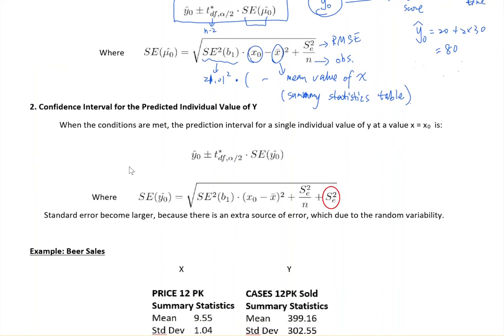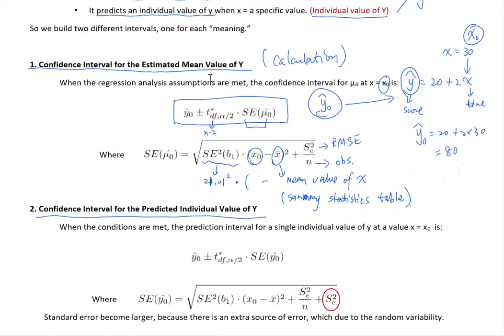All right, so next we'll talk about y hat, which is the predicted individual value of y. To make the difference, we call the previous one the confidence interval for y hat, and this is called the prediction interval for y hat.